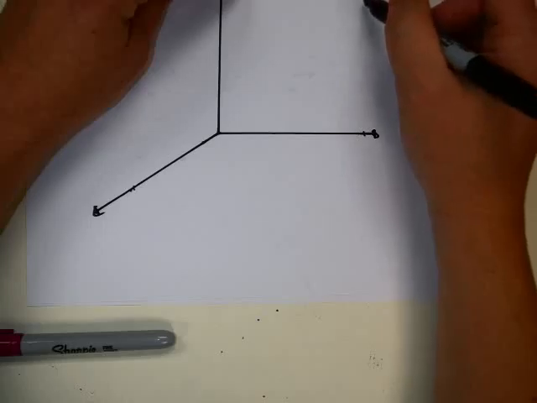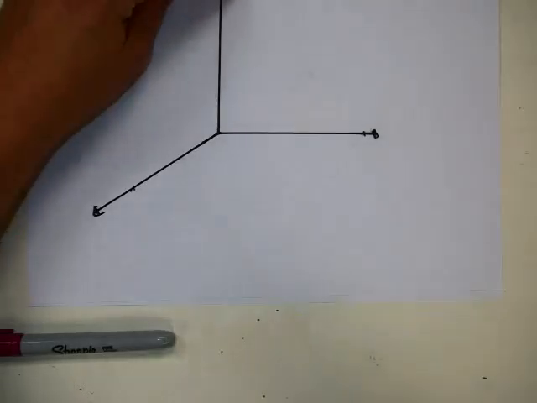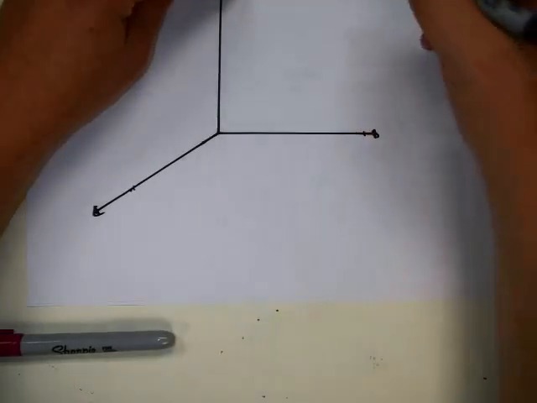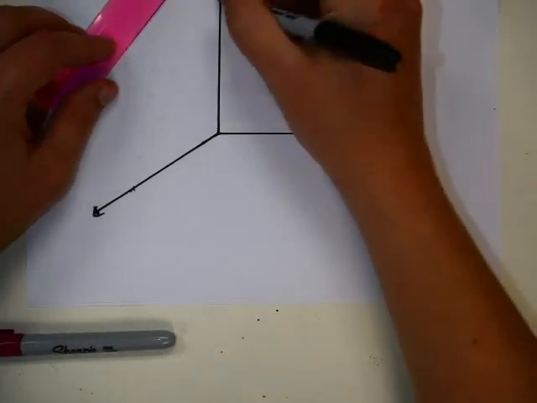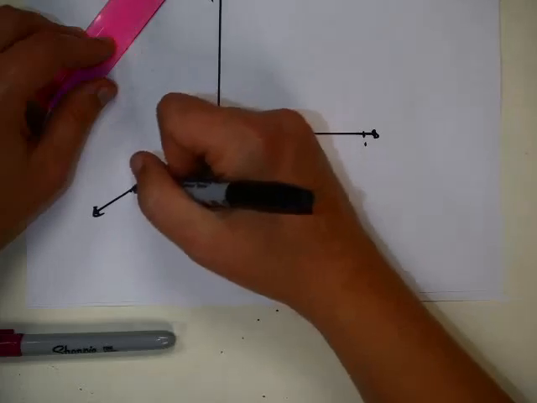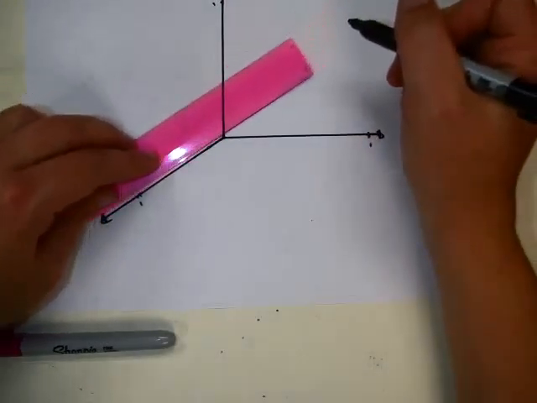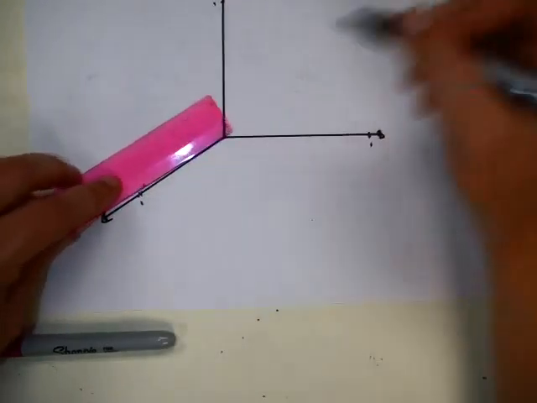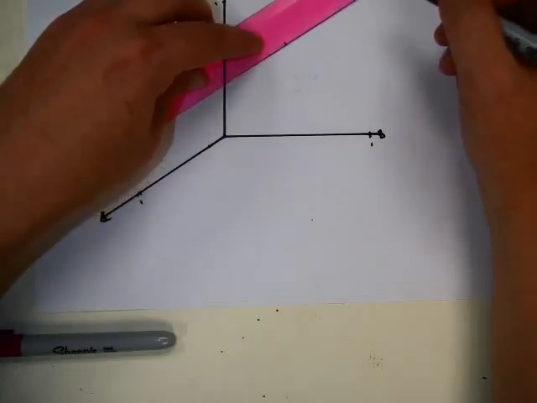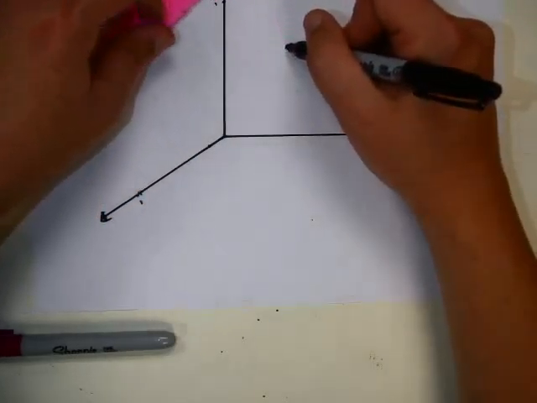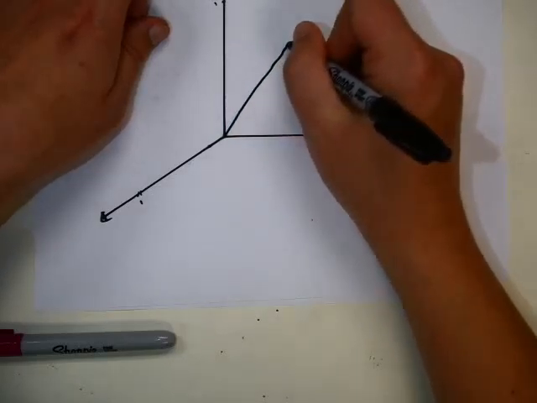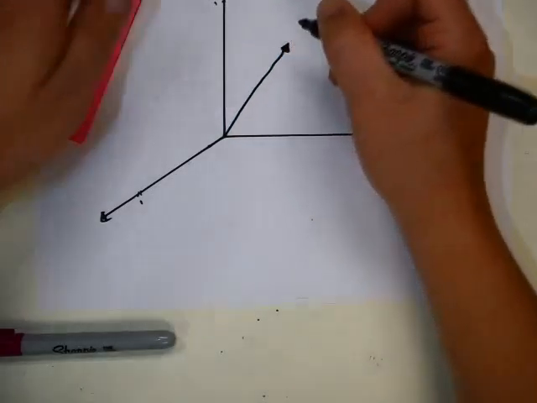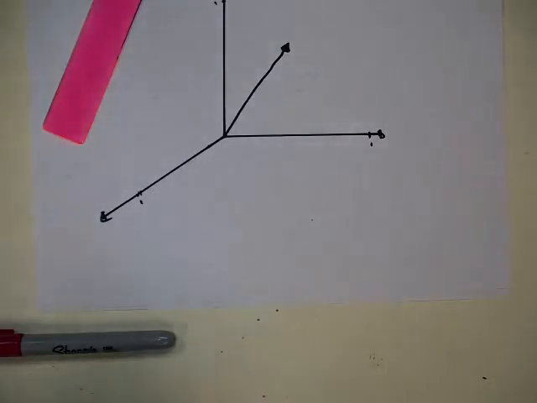So now I'm going to mark the point 1, 1, 1, and I'm going to draw my wave going from the origin to the point 1, 1, 1. And so if that's 1, and this is 1, then I need to come out this far, parallel to the x-axis, right there. So my wave is going to go from the origin to that point right there. That is the backbone of my wave.